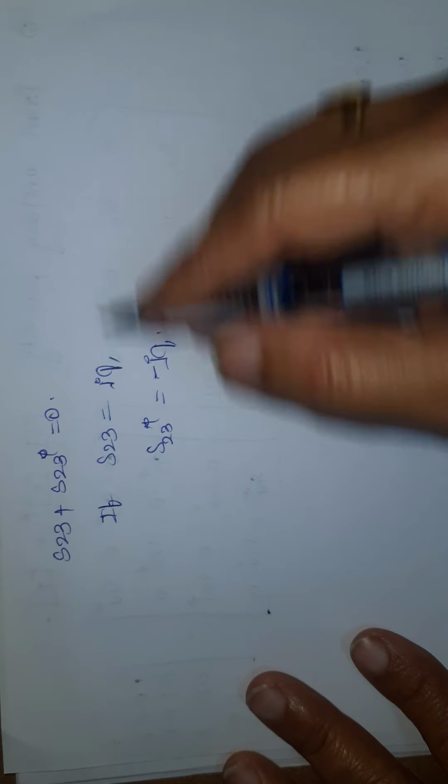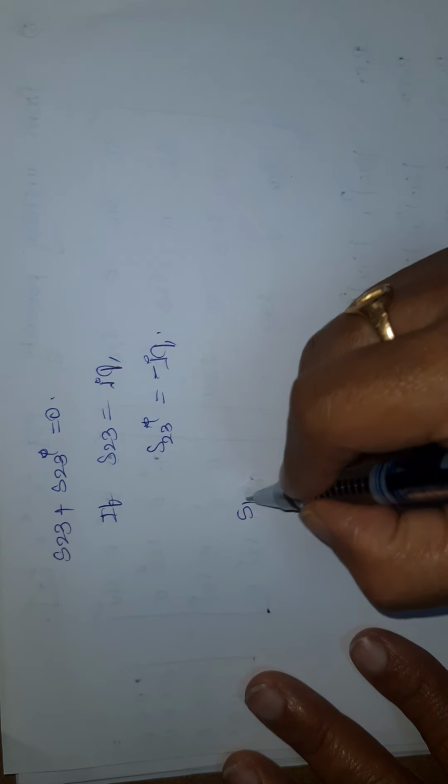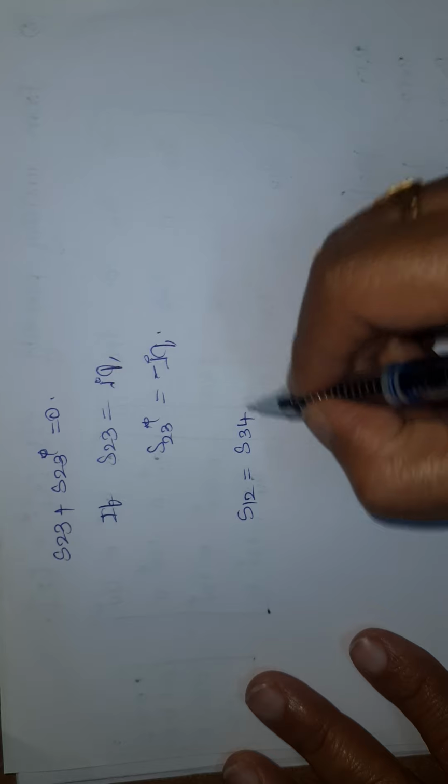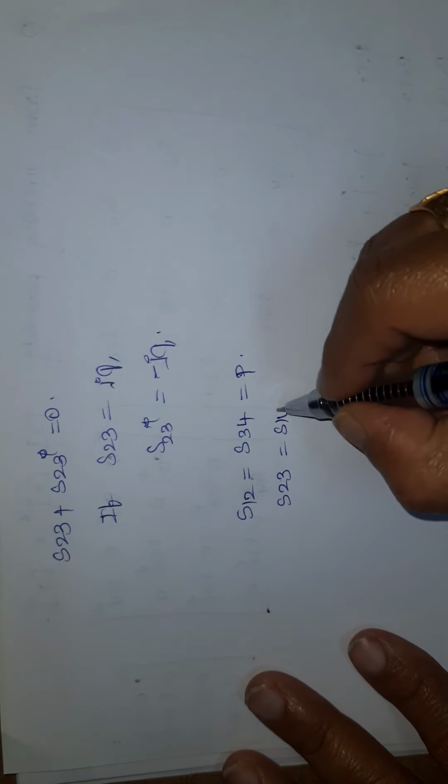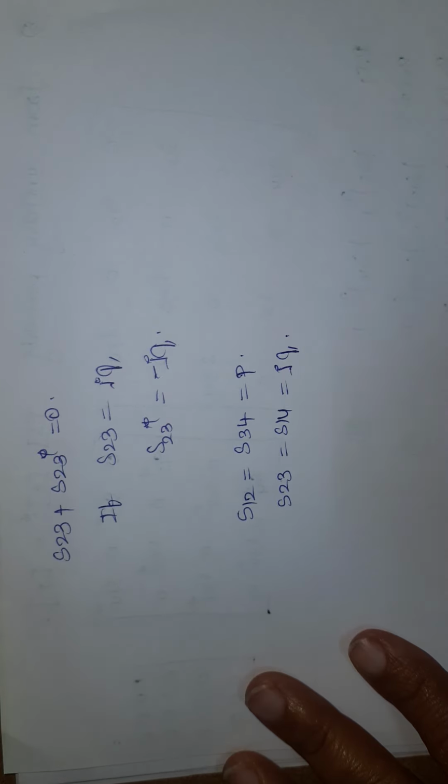Okay, so what we conclude? S12 is equal to S34 is equal to P. Next, S23 is equal to S14 is equal to JQ.